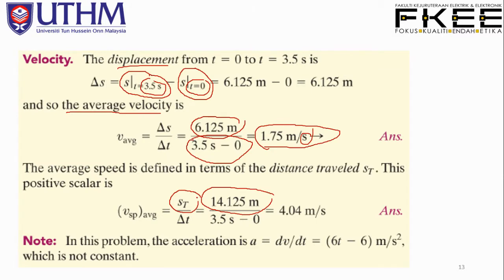So the total distance traveled by the particle, 14.125 meter, over 3.5 seconds minus 0, so at the beginning it starts at 0 seconds. So that gives you 4.04 meter per second. Again, this is for the average speed, for the total distance traveled by the particle.